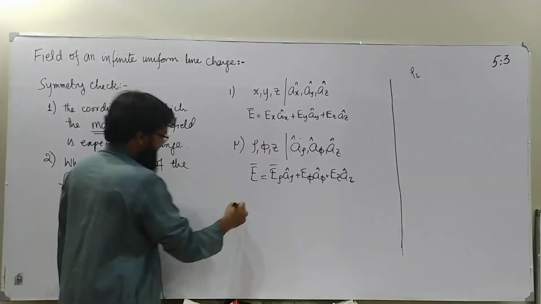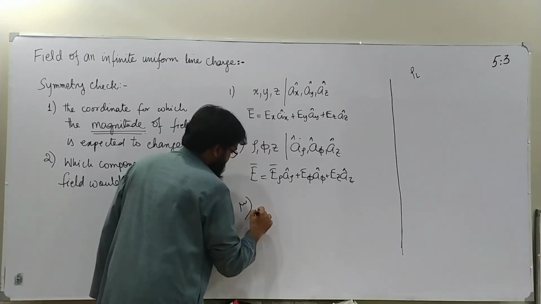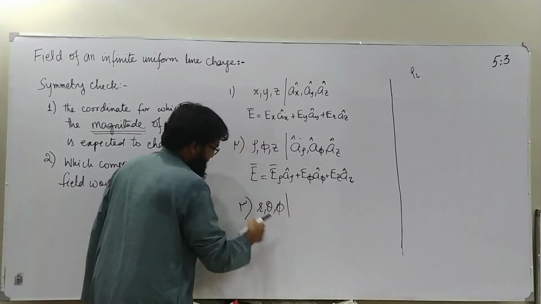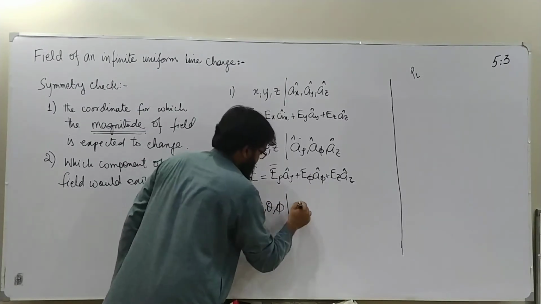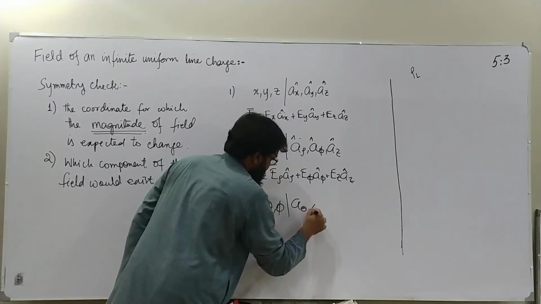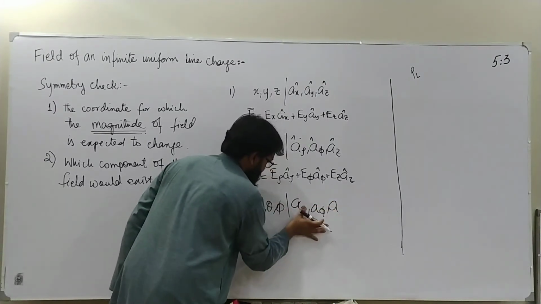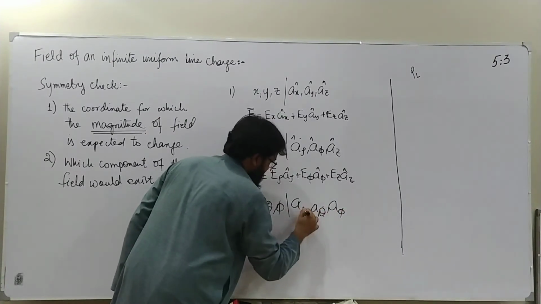Okay, and option number 3 is we use spherical coordinate system, in which we have got the coordinates r, theta and phi, or the variables r, theta and phi, and primitive unit vectors are theta, phi, r.